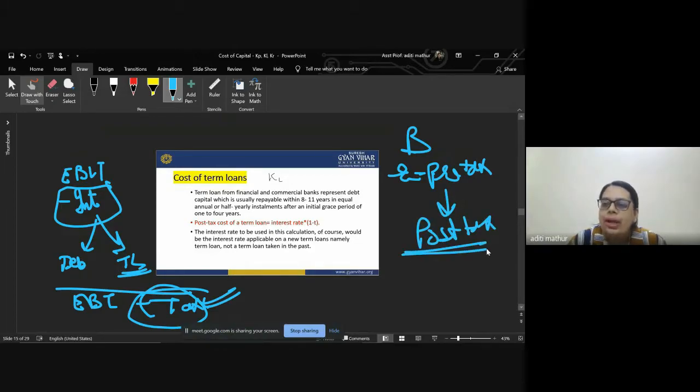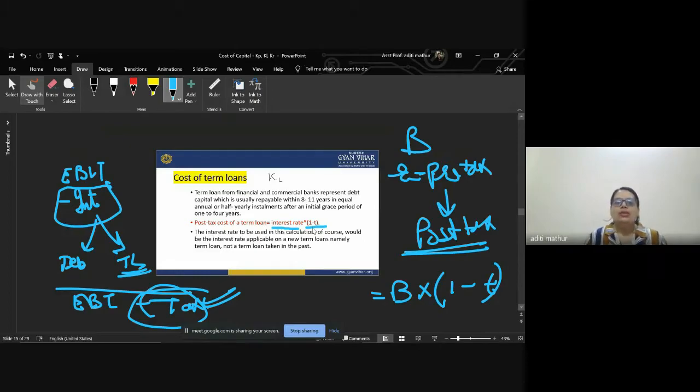And I have already discussed the golden thumb rule to make any calculated value after tax, that is, take the value before tax and multiply it with 1 minus t. And the same thing we are doing here: interest rate multiplied by 1 minus t.